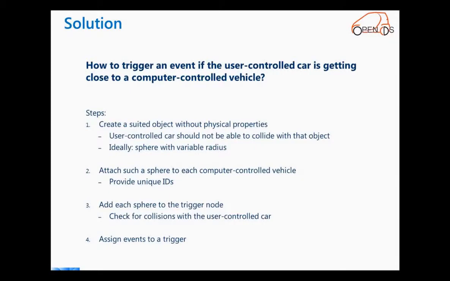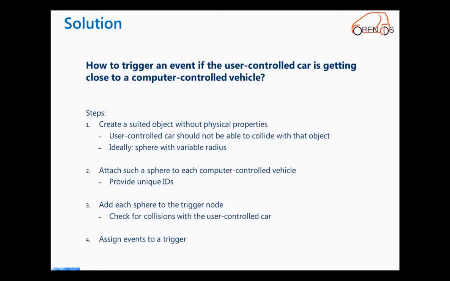Furthermore, to address these bounding spheres as triggers, they need to be assigned unique IDs. So what we could do here is, as all the cars already have unique IDs, we could reuse the same ID plus some suffix, for example, bounding sphere, which we will see in the next steps.